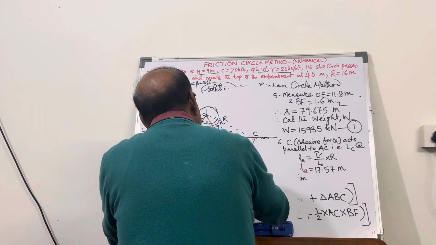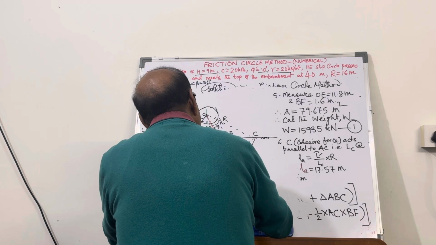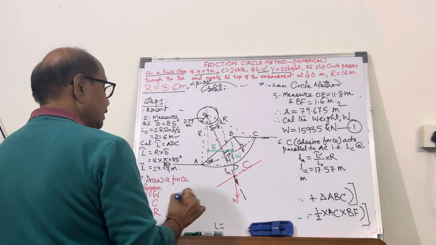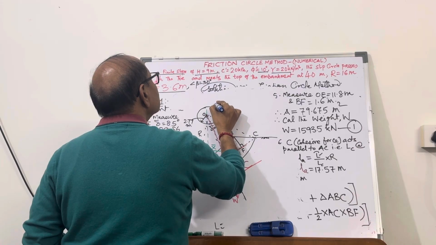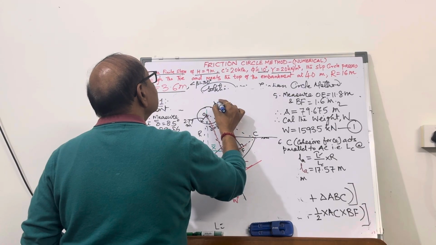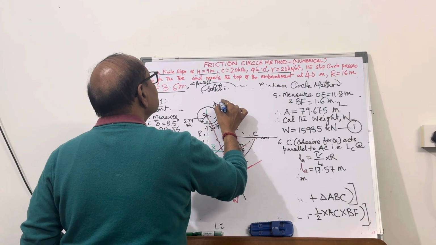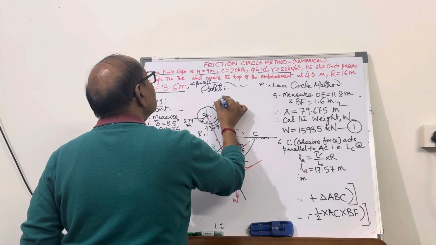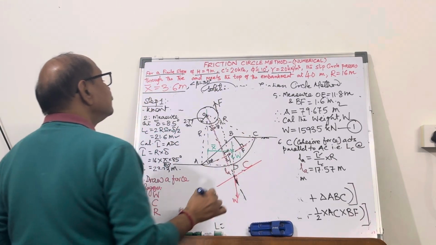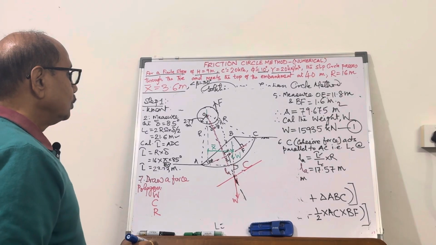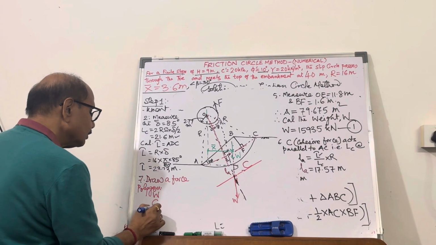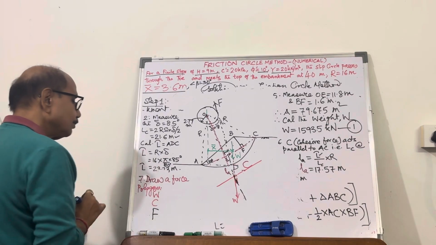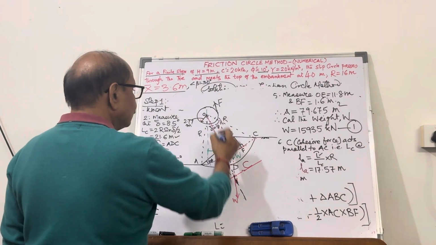The resultant intergranular force like this, and this force is the resultant granular force. You may call this force as F. So another force, let's say this force is F. So you know the direction.